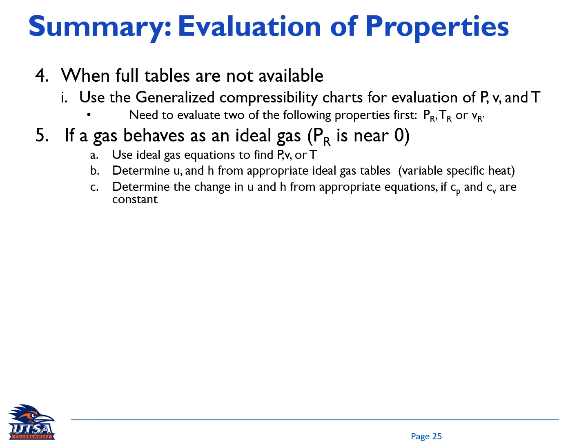And then you can determine U and H from appropriate ideal gas tables, for example table A22, or you can use table A21 to calculate Cp first, and then you calculate enthalpy. And then you can determine the change in U and H from the appropriate equation. So we also have shown you how to calculate a change in U and H in case Cp and Cv are constant.